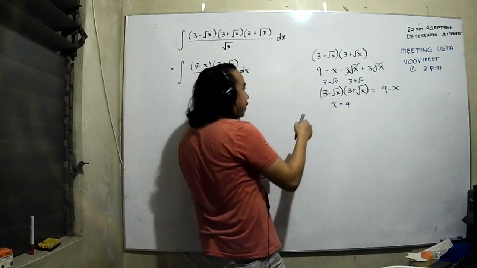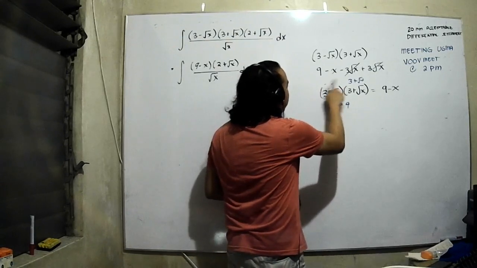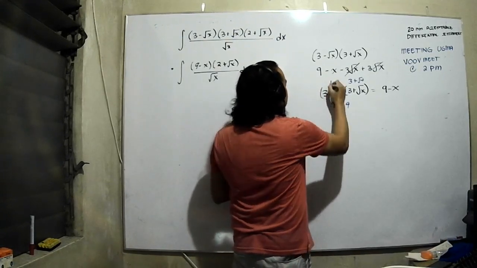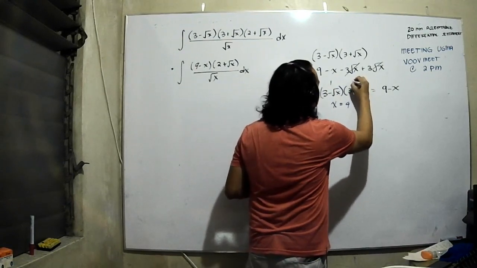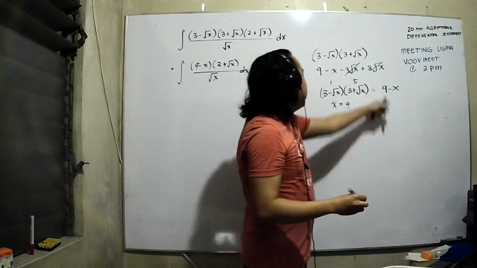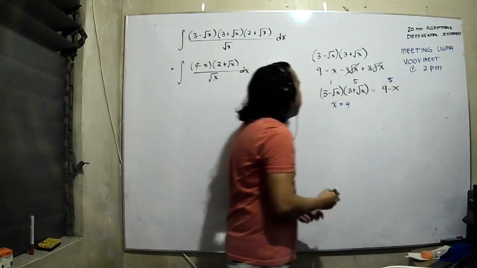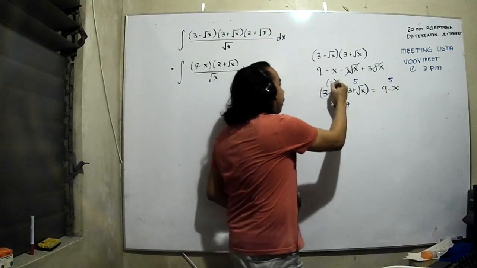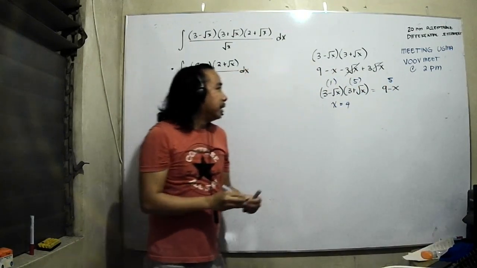Now, square root of 4 is equal to 2, so 3 minus 2 should be equal to 1, and 3 plus 2 should be equal to 5. So 9 minus 4 is equal to 5. So 1 times 5 is equal to 5. They are equal.